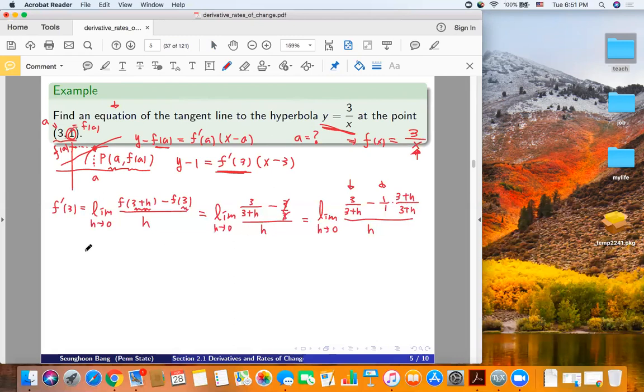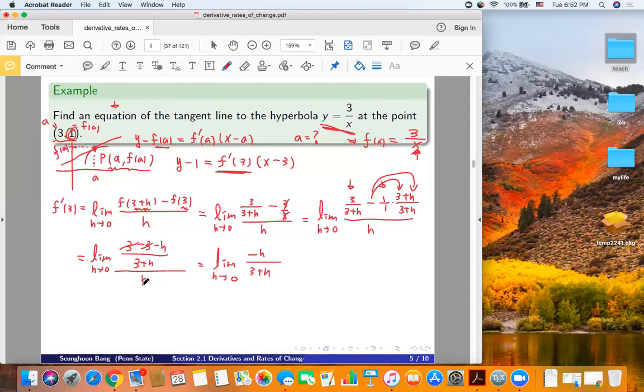Multiply like this. So we have the limit as h approaches 0. Only calculate the numerator. 3 is the numerator. Distribute the -1 to the first and second one. The 3 minus 3 is crossed out, negative h over the common denominator 3 plus h, over h, equals limit as h approaches 0, just minus h over 3 plus h.